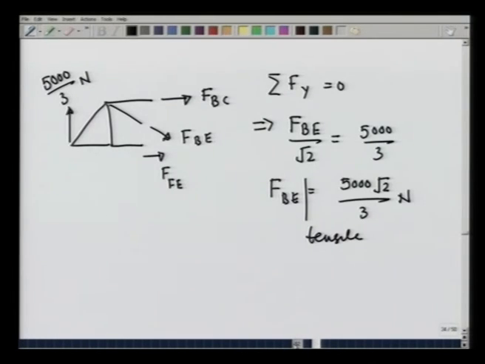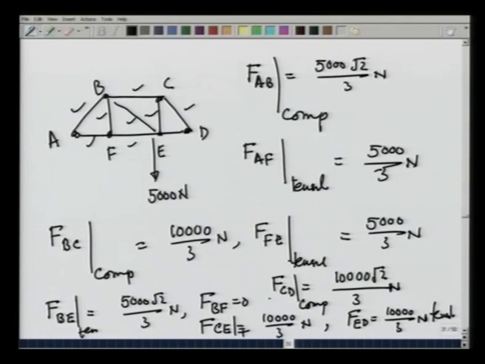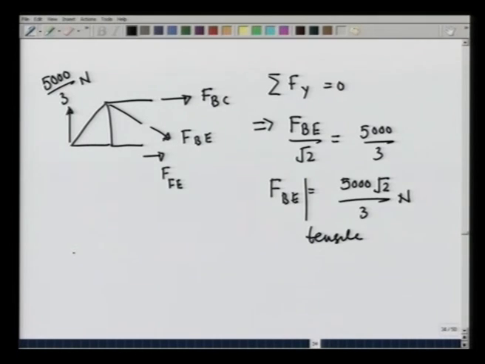Let us compare this with what we had gotten earlier. We had obtained FBE to be tensile of 5000 root 2 over 3 newtons. Now, summation Fx is equal to 0 gives me that FBC plus FBE over root 2 plus FFE is equal to 0.